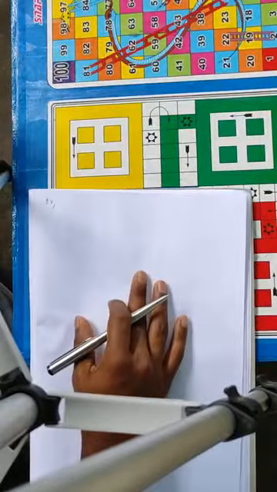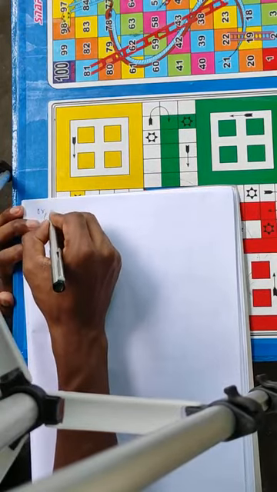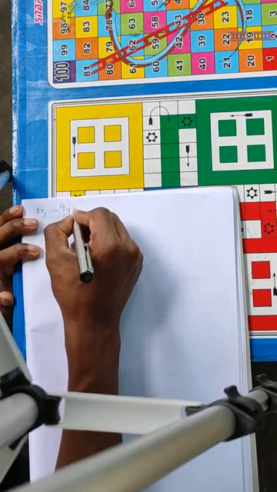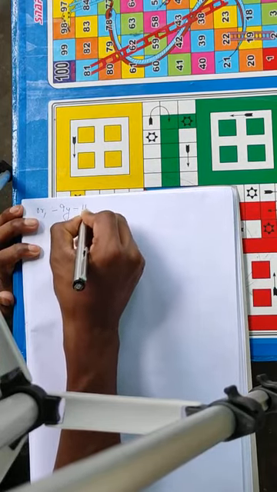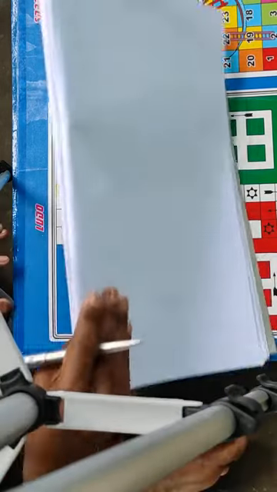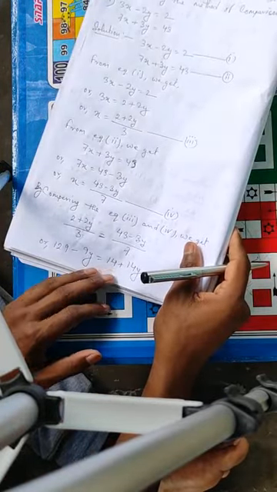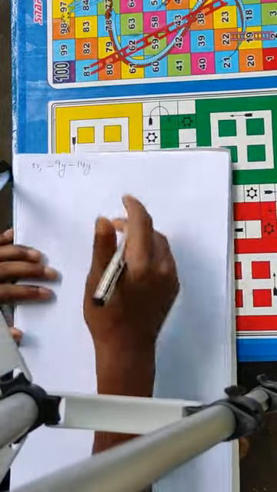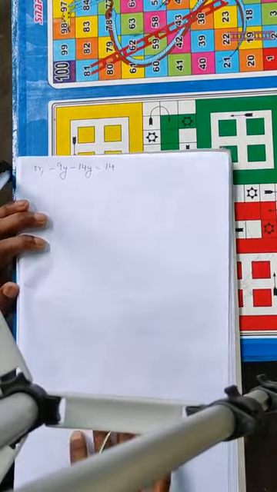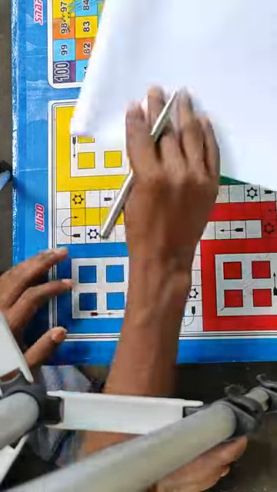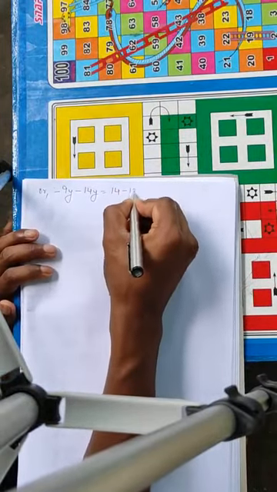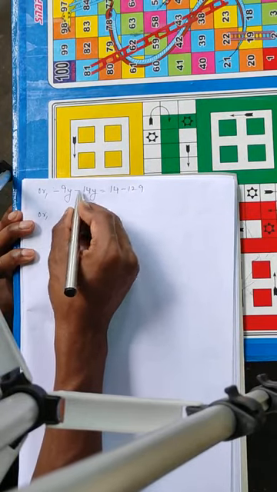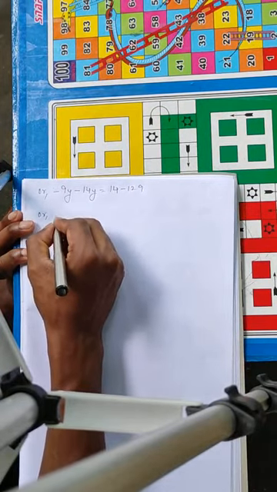So remaining minus 9y minus 14y equals, on the right side, 14 remains and 129 transferred becomes minus 129. Minus into minus is plus, so 14 plus 9 is minus 23y equals.